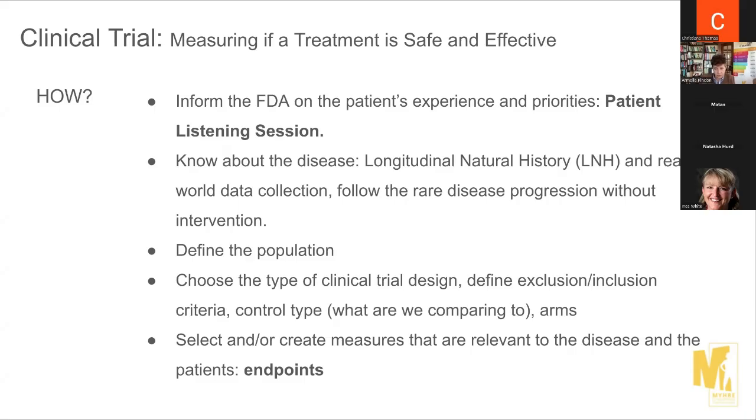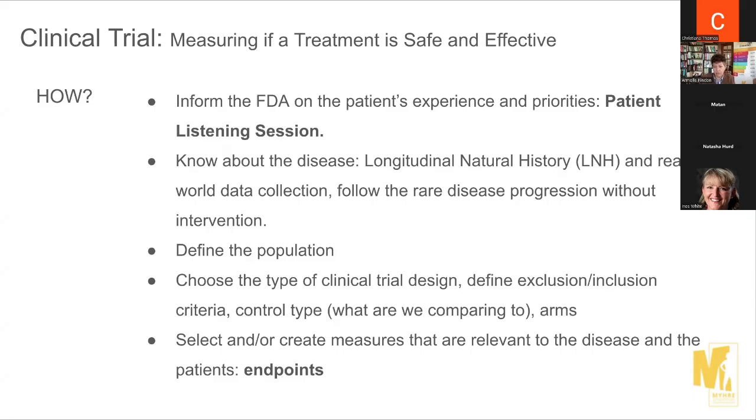Then we need to define the population. As I mentioned before, you have the pediatric, you have the adults. When I say population, it's the different groups in a disease. Look if they are all the same, if they all follow the same progression, or the different types of progression you can have.